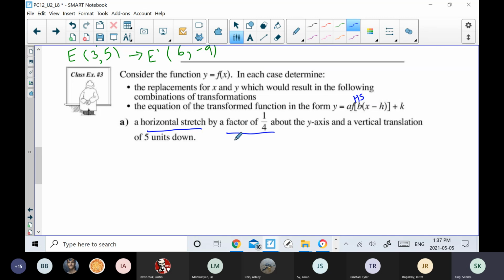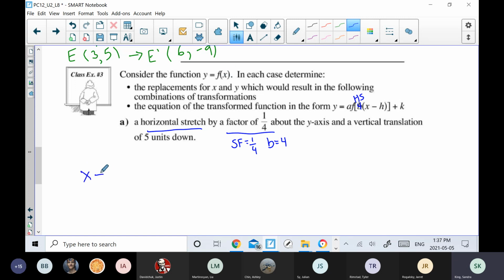Horizontal stretch. So if the stretch factor is equal to a quarter, the B parameter is the reciprocal of a quarter, which is 4. The reason why I want to write that is because I know that this B value has to be 4. That helps me see what the replacement is, because I know that this X is going to come out and it has to become 4X.